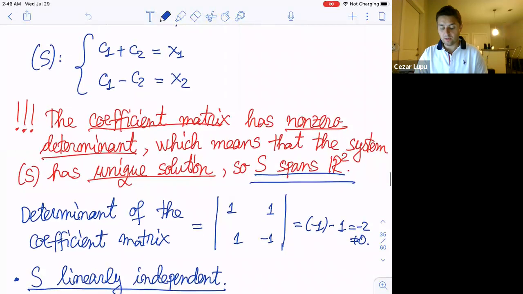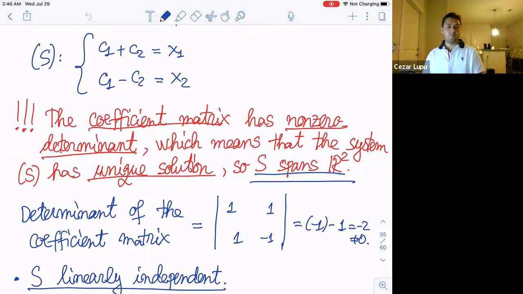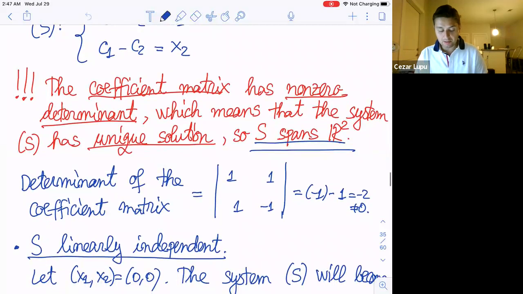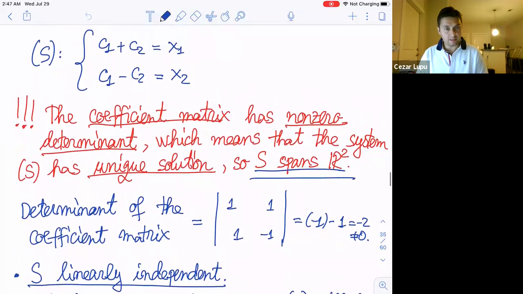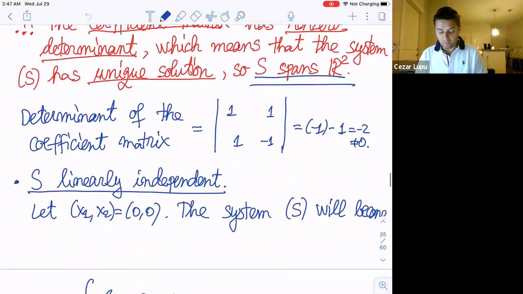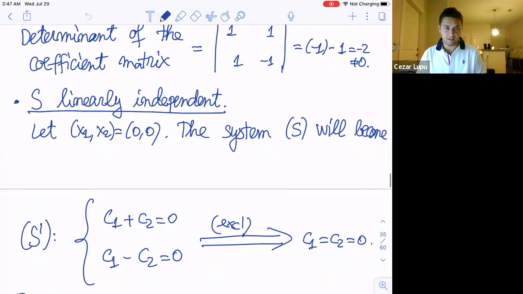The second condition we need to verify so that we can conclude that S is a basis in R2 is to see whether S is linearly independent. Again, in this case, we'll consider x1, x2 to be the null vector. I will go back to my system S, and this time it will be a homogeneous system.